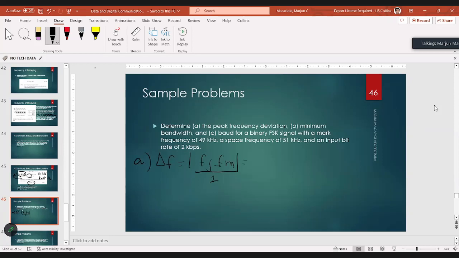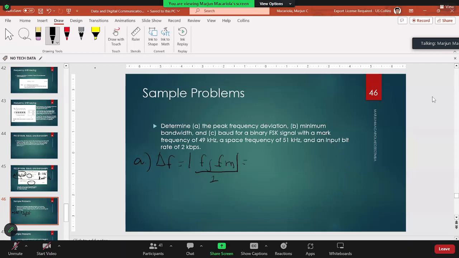Kapag nag-compute, don't forget to put formula ha. This is the absolute value over 2, which is equal to 1 kilohertz.